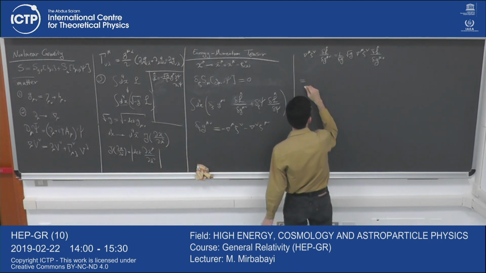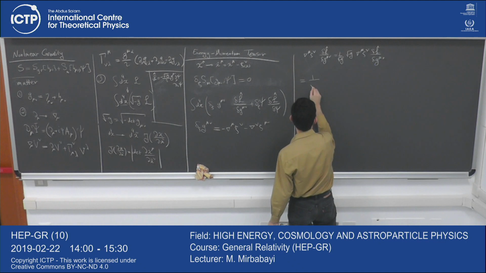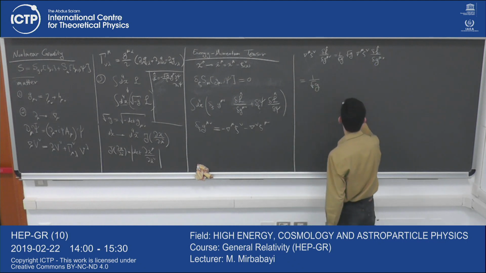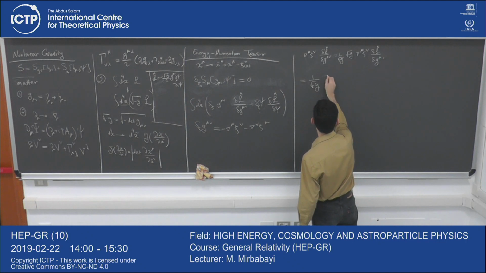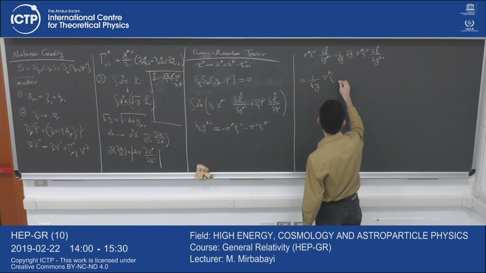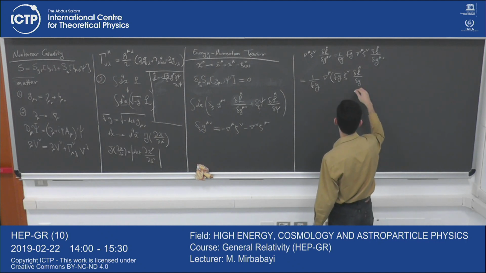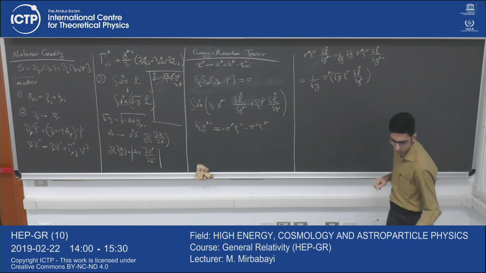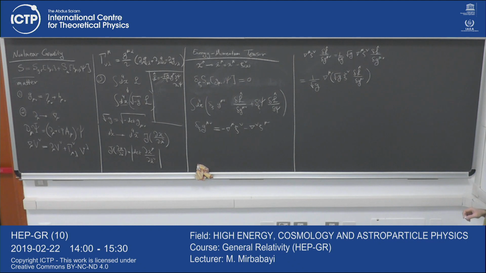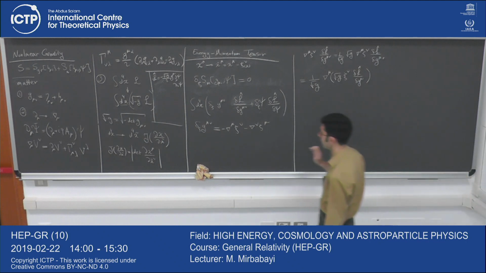And then I use the Leibniz rule in the following way. So I can write this whole thing as del mu of the square root of minus g times xi nu dL hat over dg mu nu. Sorry, no, the other way.